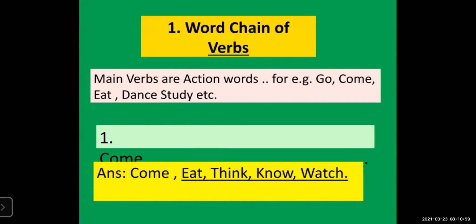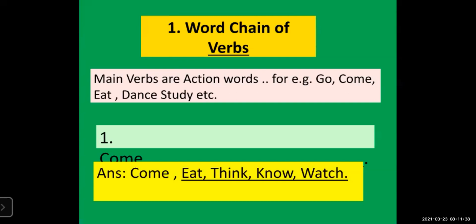Students misunderstand this question and blindly solve it. They just complete the word chain as I told you now, starting the next word from the last letter of the first word. That is right actually, but if the question paper says complete the word chain of verbs, then you can't blindly write any word, because you have to complete the word chain with verbs only.